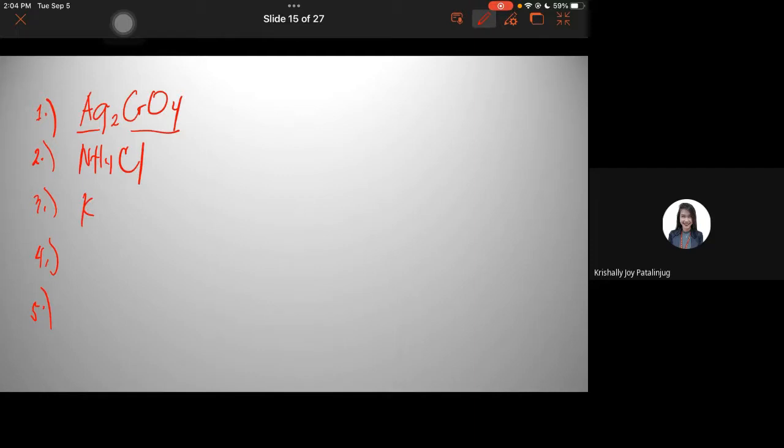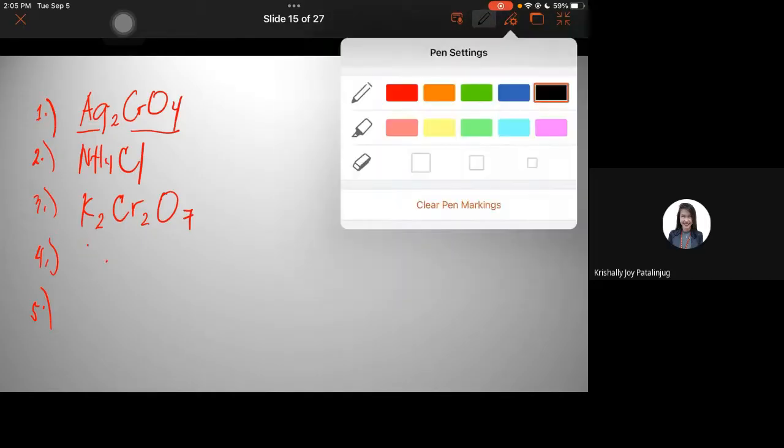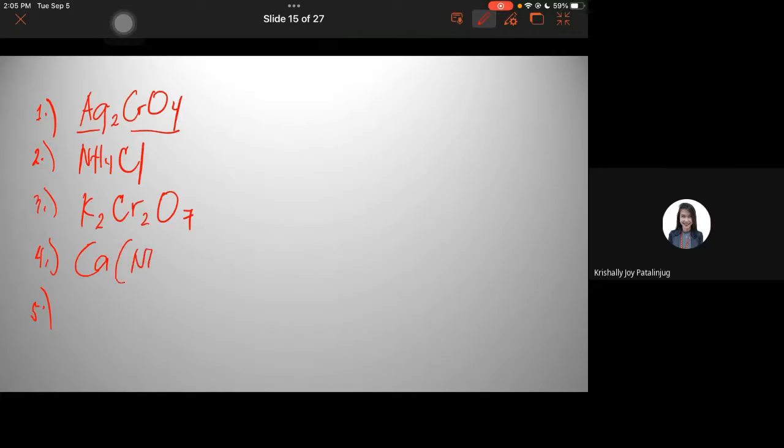And last would be, kindly copy this and then during your independent study time, try to give the chemical name this time. The chemical or the IUPAC name.